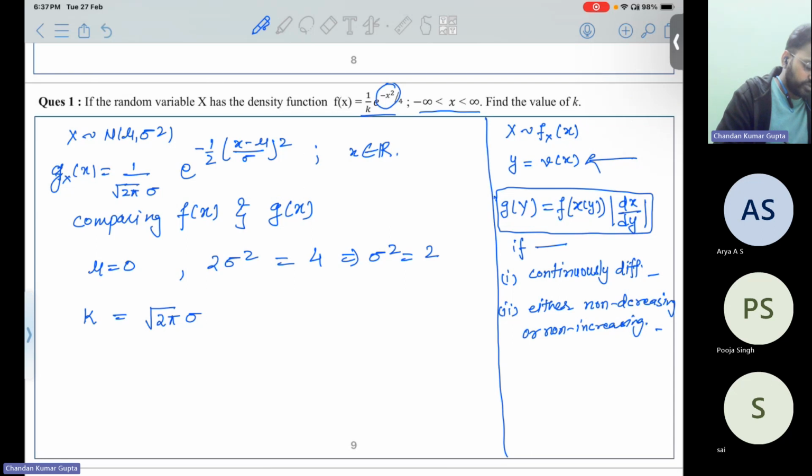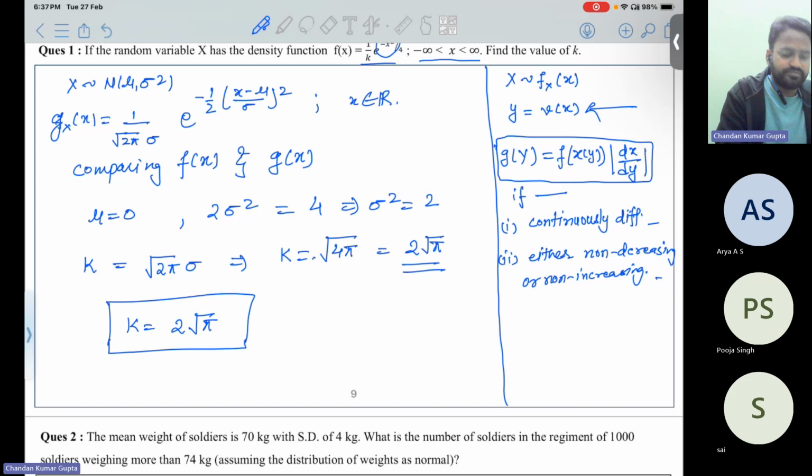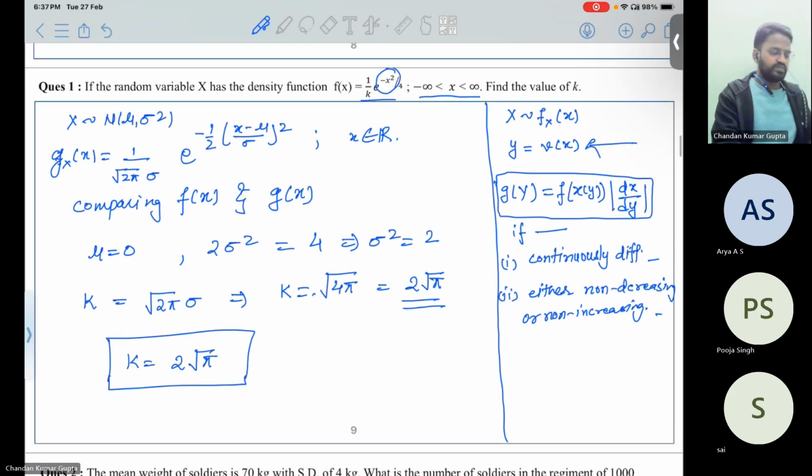After solving, we get root 4 pi, which is equal to 2 root pi. So the value of k is 2 root pi for the given PDF to be a density function.